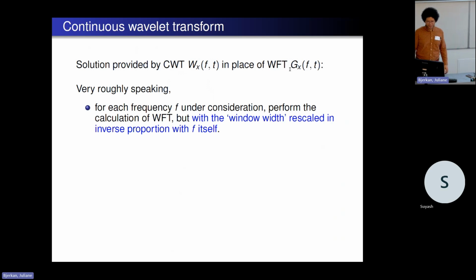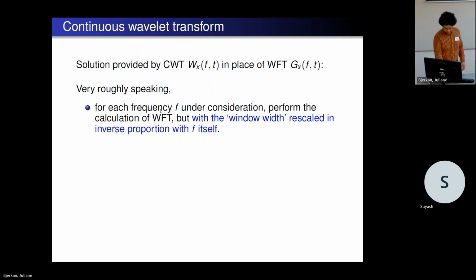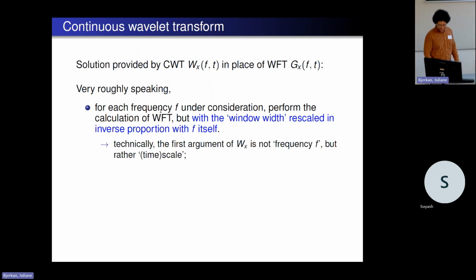So very roughly speaking, the way the wavelet transform works is for each frequency f under consideration, you do the calculation of the windowed Fourier transform, but the window width is rescaled in inverse proportion with f itself. Now, technically, in the standard definitions of the wavelet transform, the first argument of this function is not actually frequency, but rather time scale.